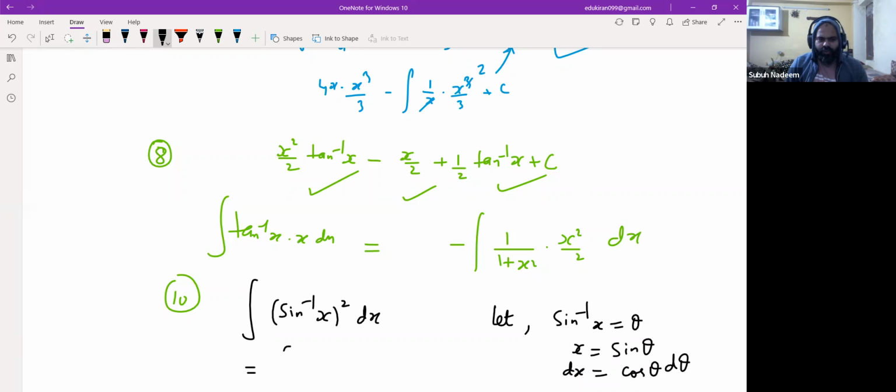And change the function in this form, that sine inverse x whole square is theta square and dx is cos theta d theta. Then proceed. So this is how now you proceed. And when you get the answer, you can write theta as sine inverse x again.